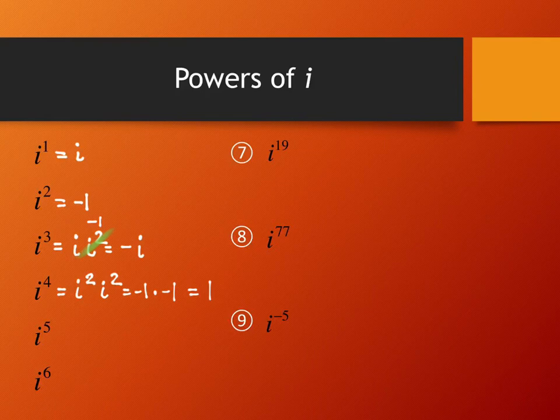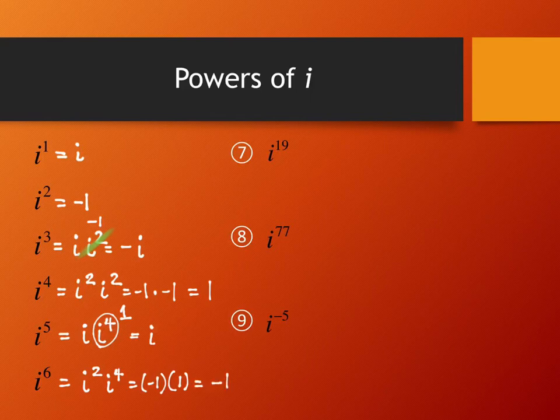i to the 5th, excuse me, is i and i to the 4th. But what is i to the 4th? 1. So i to the 5th is really just i. i to the 6th, well, that's i squared and i to the 4th. i squared is -1. i to the 4th is +1. So I'm back at -1.